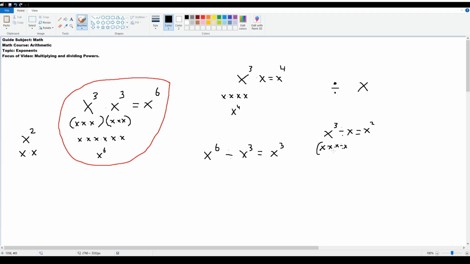You see how we've multiplied by a third x, but then we've also divided that x out of the equation. So we end up getting rid of one of the x's that was multiplied because we're dividing it by x to the 1st power, so we're dividing it by 1. So now we're just left with x squared because they're inverses. So when you do division, it kind of undoes multiplication.